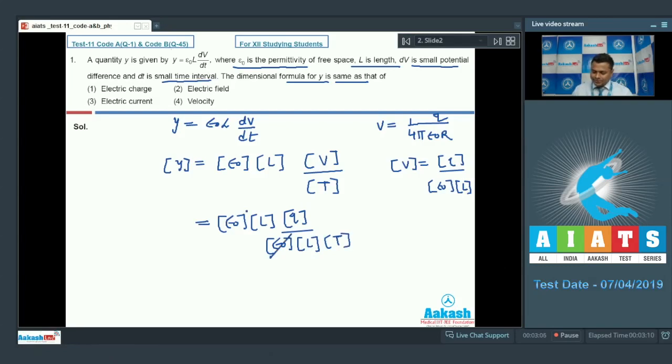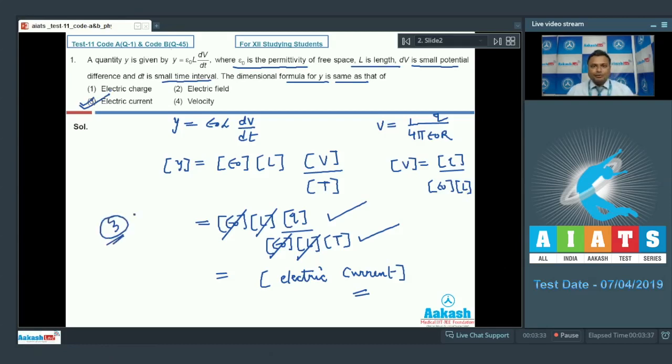So epsilon naught cancel, L cancel, dimension of charge upon dimension of time, that will give you the dimension of electric current simply. So that's why we will go with option number 3, which is absolutely correct.